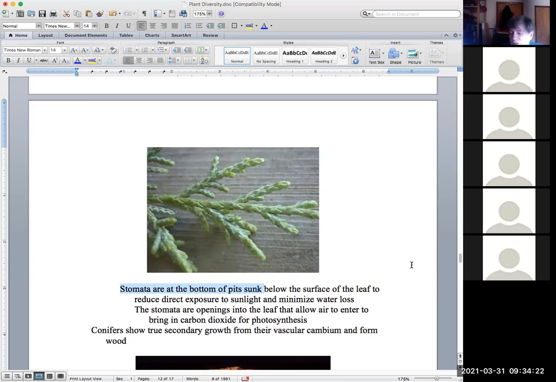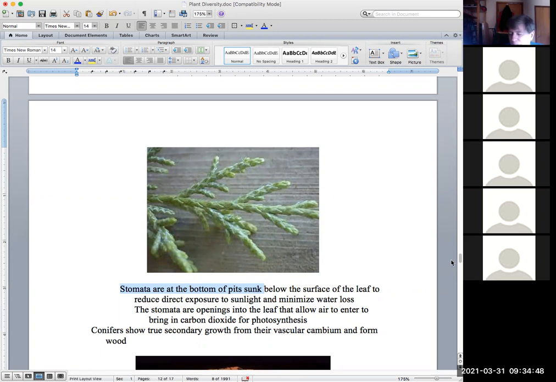So because of this, if we look at a forest, gymnosperms grow best in an open area where they have access to sunlight. Because if you have a gymnosperm growing next to an angiosperm, angiosperms can grow faster. And in the plant world, if you grow slow, you get shaded out. You don't get sunlight.